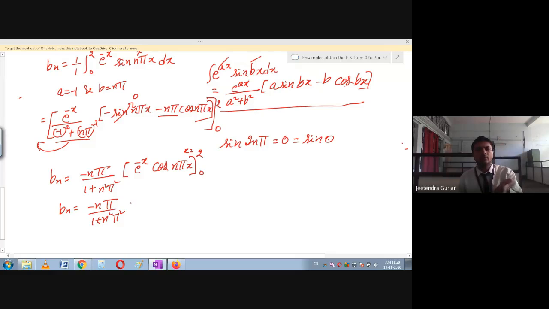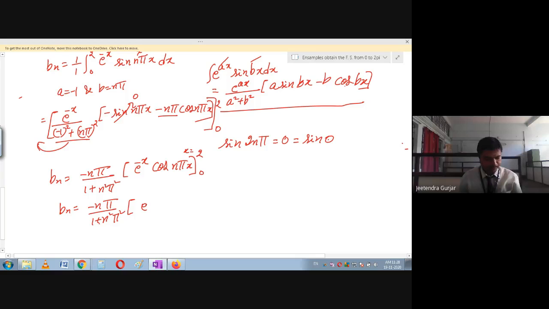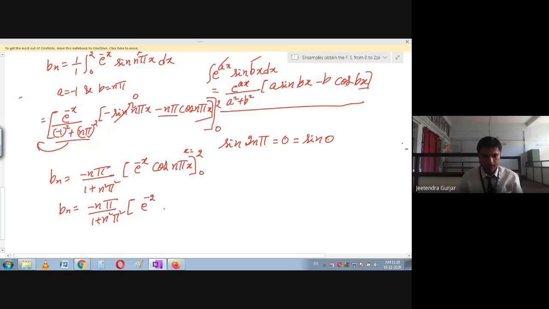Substitute first x is equal to 2: e raised to minus 2 and cos n pi 2, and this will become minus. Now substitute x is equal to 0: e raised to minus 0 and cos n pi 0.